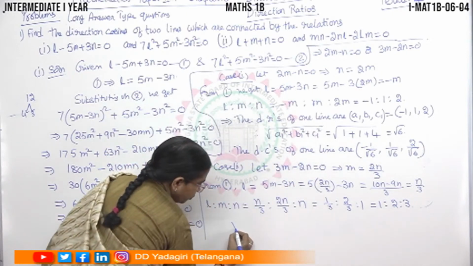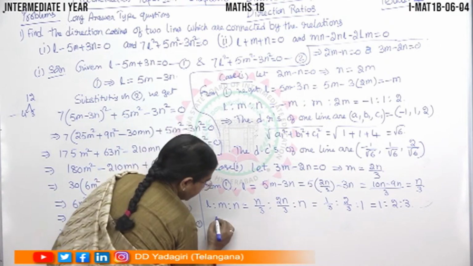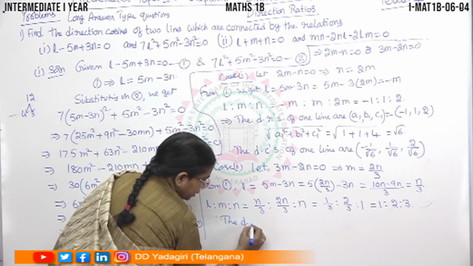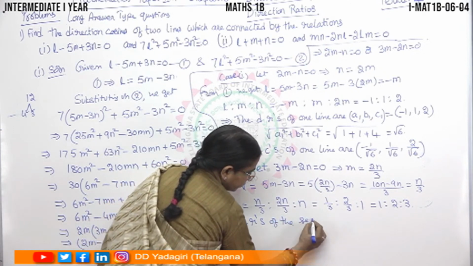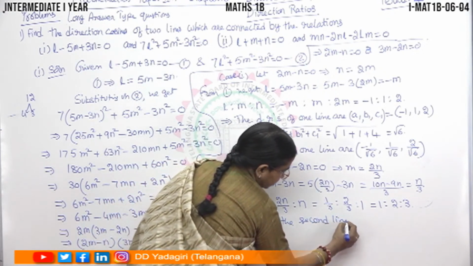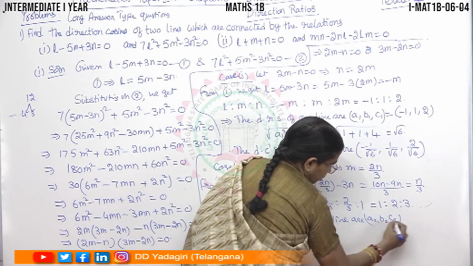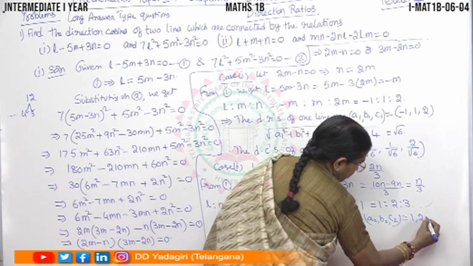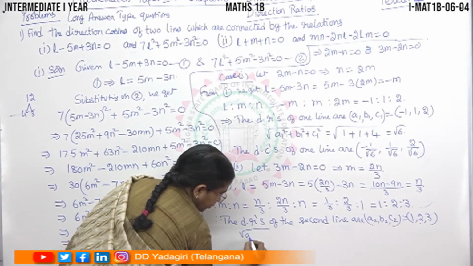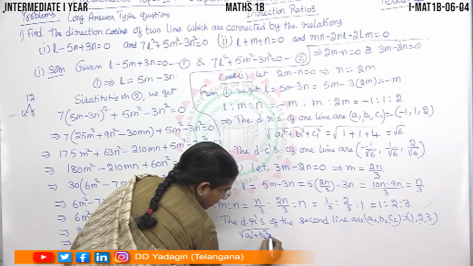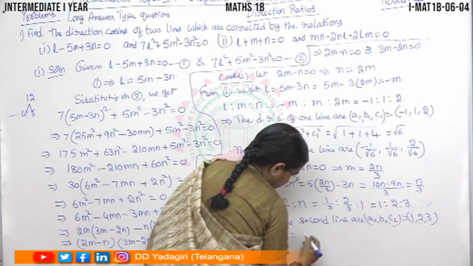Therefore the direction ratios of the second line, A2, B2, C2, are 1, 2, 3. Now just find the root of A2 square plus B2 square plus C2 square. So that becomes 1 square plus 2 square plus 3 square.